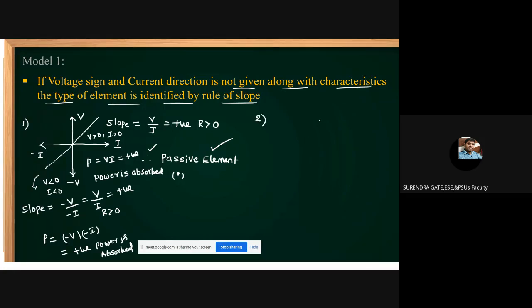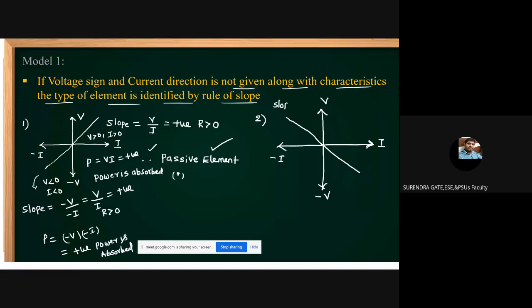See, one more problem I'm giving, students. Please identify the type of element. This model is important for competitive exams. I have given the characteristics like this. This is V, this is minus V, this is I, this is minus I. What is the slope here?